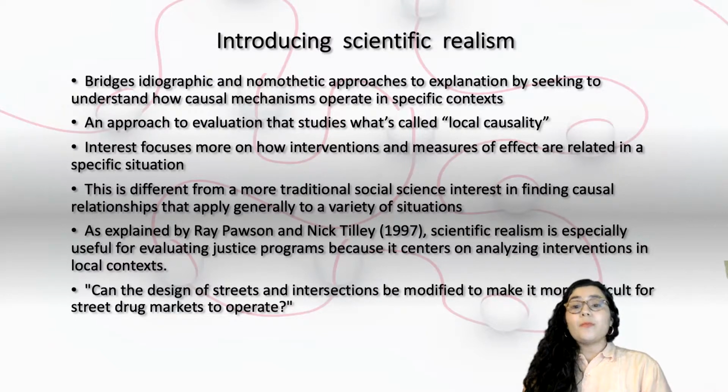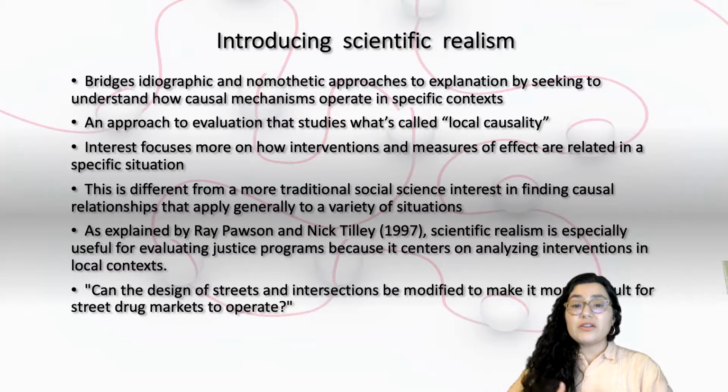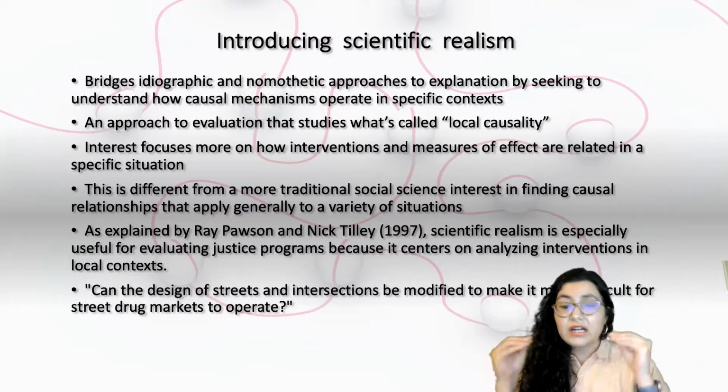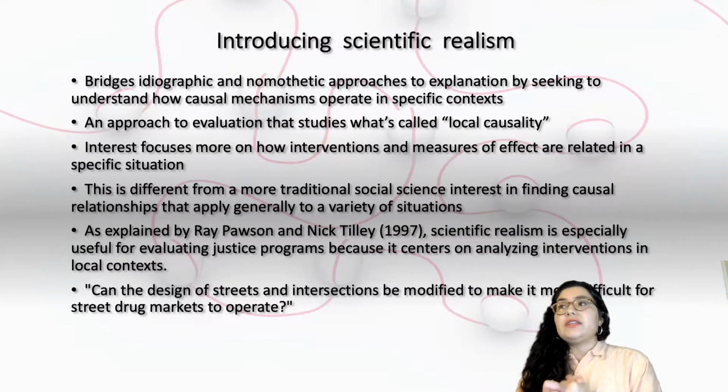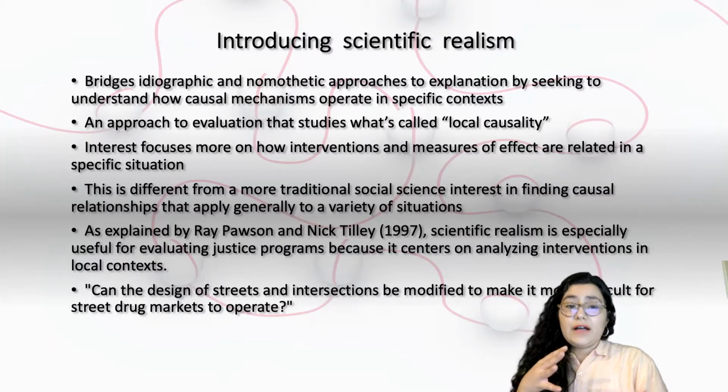And so a theoretical foundation alternative is scientific realism, which sort of bridges the ideographic and nomothetic approaches by seeking to understand how the causal mechanisms operate in specific contexts. And so that's like really high internal validity, really looking at the location of a specific point and doing an intervention that measures this specific situation.